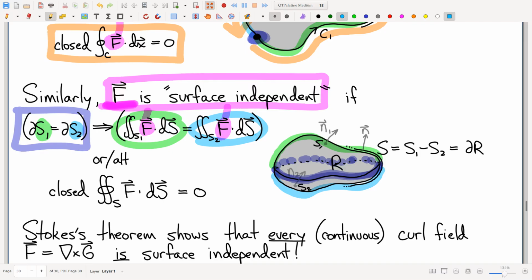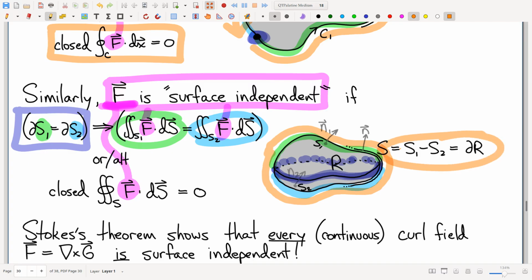Or alternatively, totally analogous, a vector field is surface independent if, when you look at the entire boundary, in other words, both of the surfaces, again oriented one opposite so that in fact it is a boundary of the solid in between, the closed surface integral, that boundary flux, is always 0.